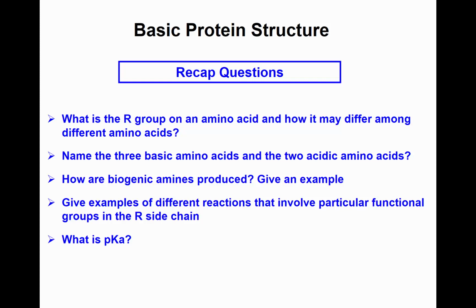Let's see, did we miss anything? Good. What is pKa? It's log of the dissociation constant. That is correct, but what is that point? It's the equal amount of charged and uncharged. No, not the isoelectric point. We'll get to that.